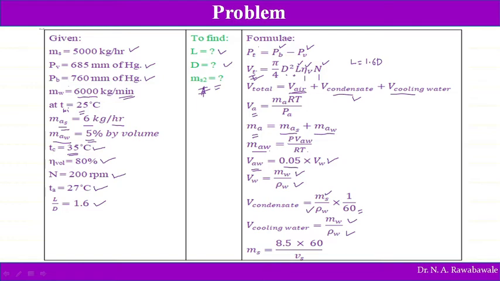Once we get total volume, we can find out L and D. Then mass of steam leaking along with the condensate is given by 8.5. So 8.5 is nothing but volume of air into 60 divided by specific volume of steam. So this gives us mass of steam leaking.